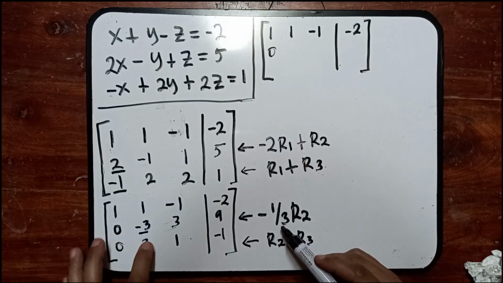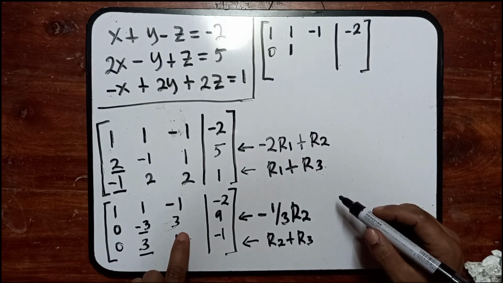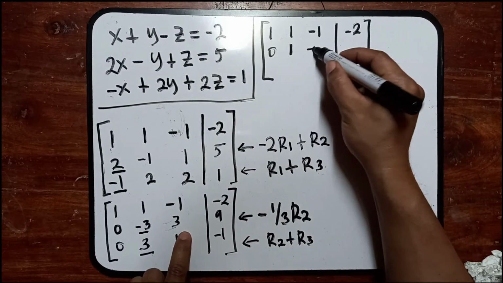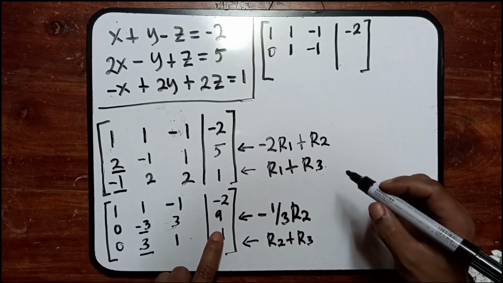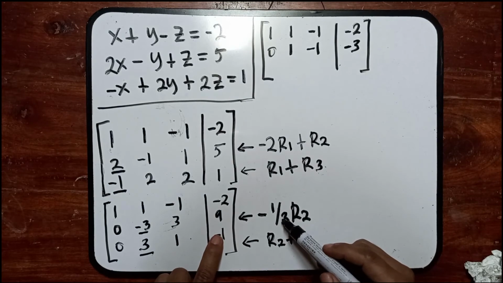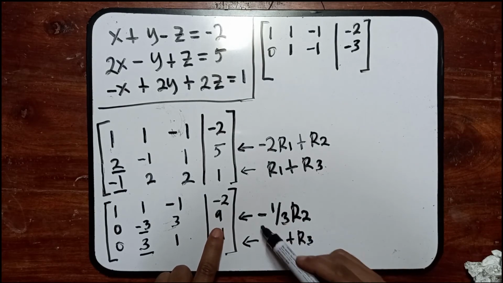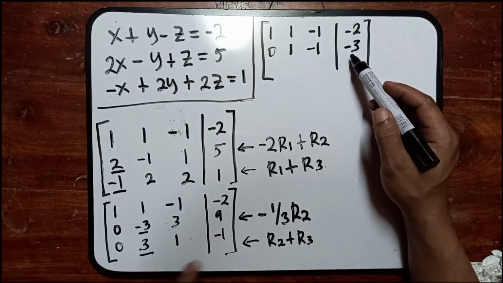And then this becomes 1. And then this becomes negative 1. And then this becomes negative 3. So why negative 3? Because 1/3 of 9 is 3. Since we have a negative sign here, negative times positive, that is negative. So that is why we have negative 3.